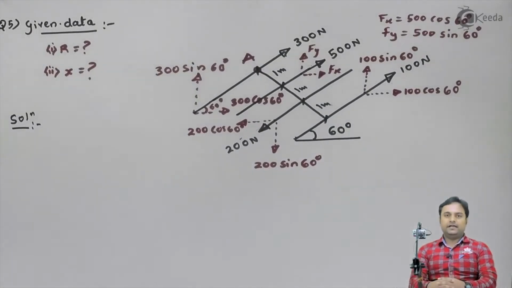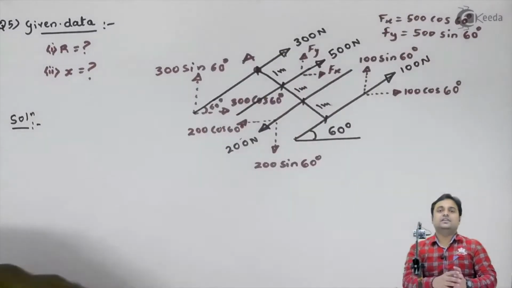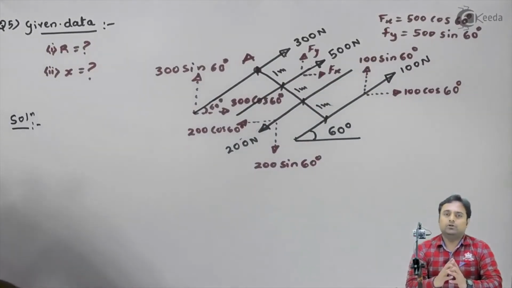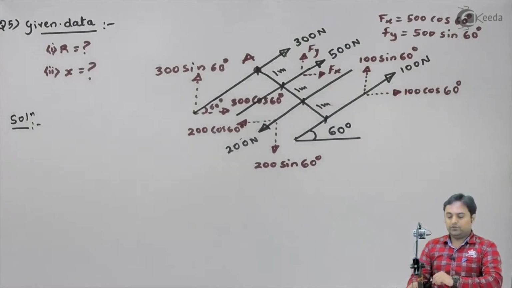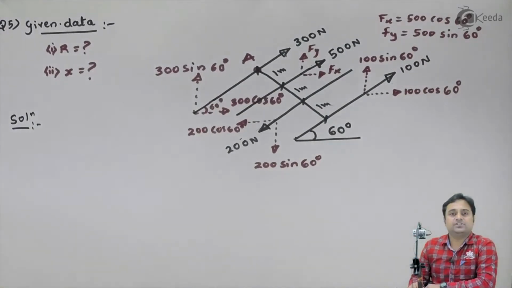As you can see in the diagram, these forces are composed of both horizontal as well as vertical components. So the resultant, you can calculate it by finding summation Fx and summation Fy.